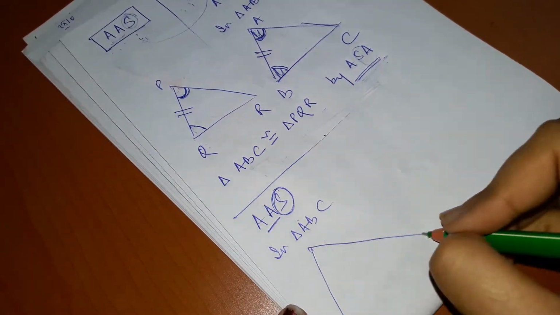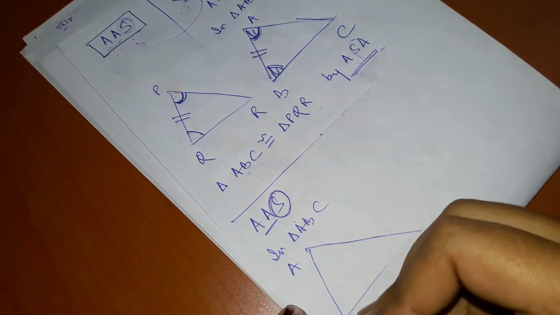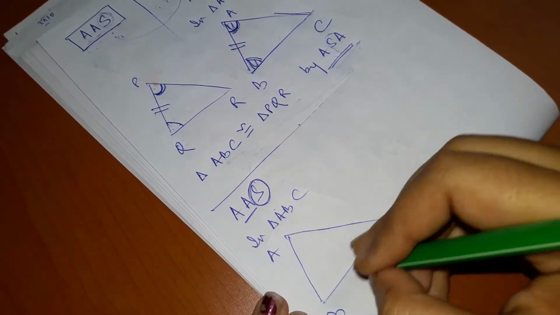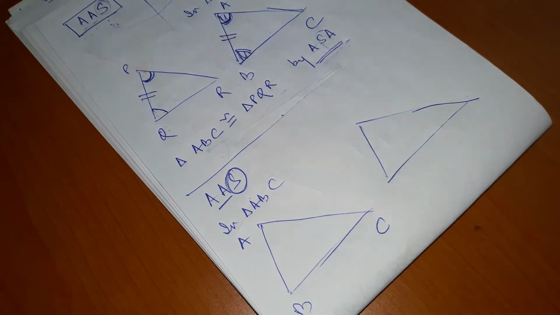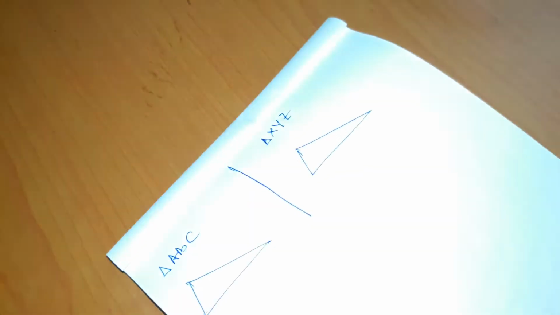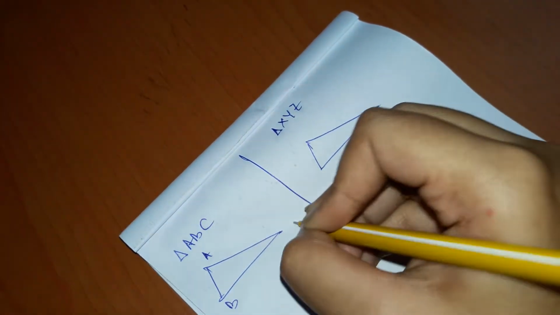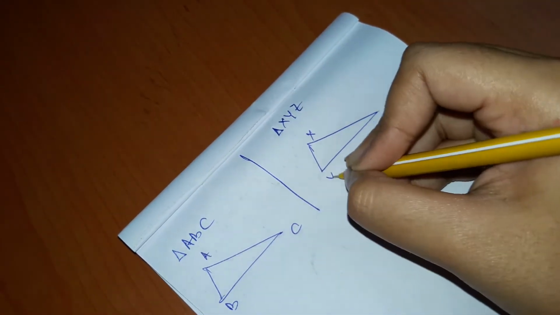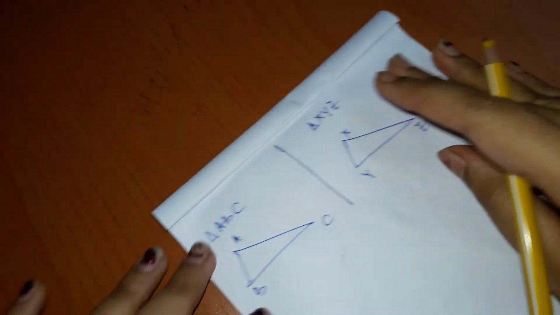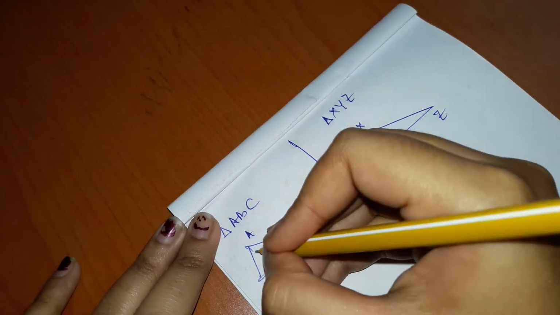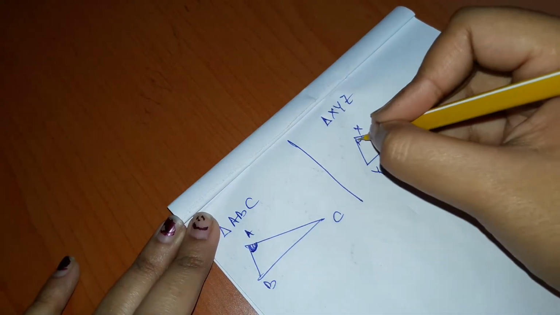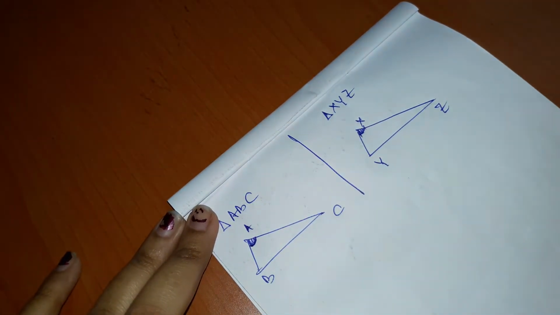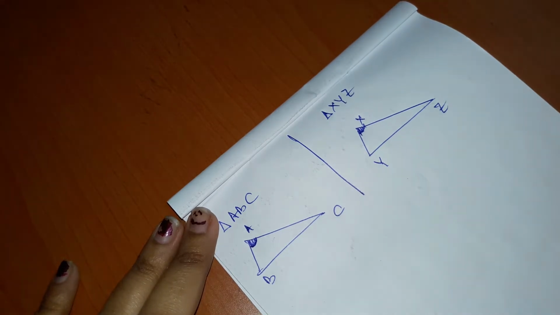Let's draw triangle ABC and triangle XYZ. Let us assume that angle A is equal to angle X.